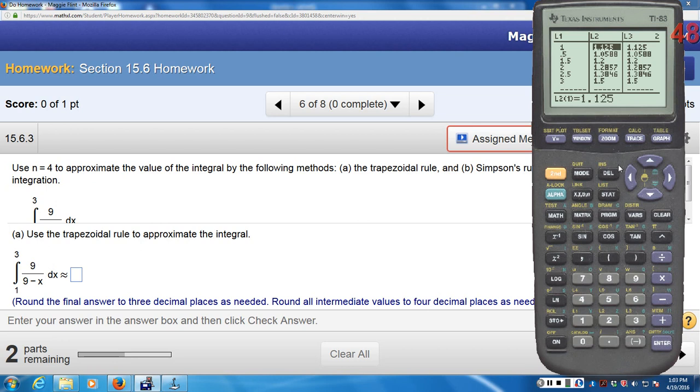So for the trapezoid rule, the first one is left alone. I'm sorry, the first one's multiplied by half. And the last one's multiplied by half.